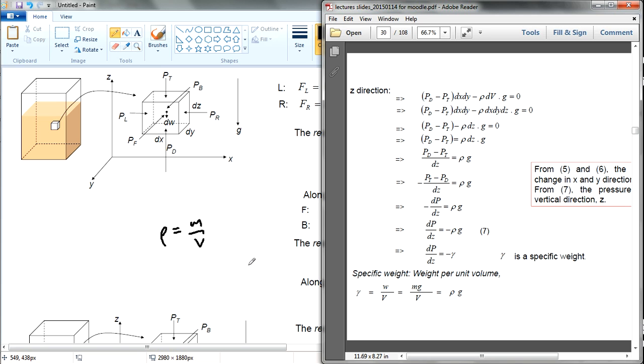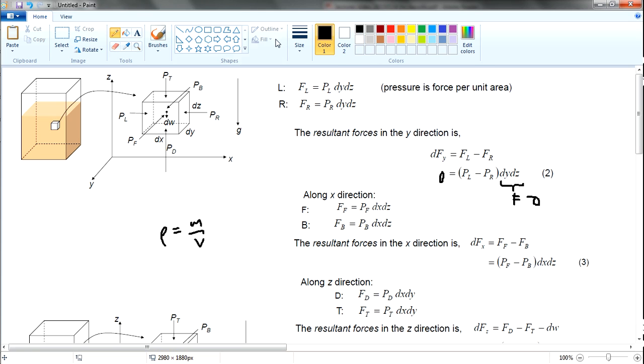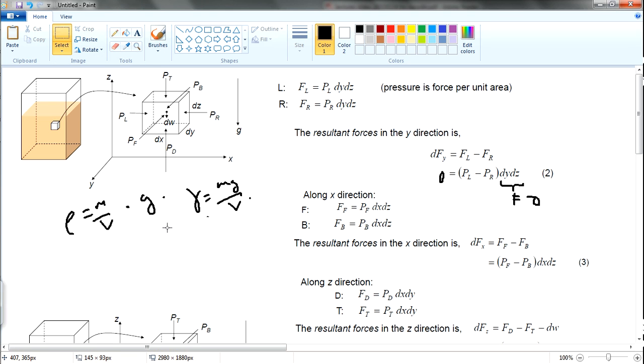As you know, it's rho g, and rho is equal to mass over volume, while rho times g is equal to mg over volume. So I think you get what I mean now.